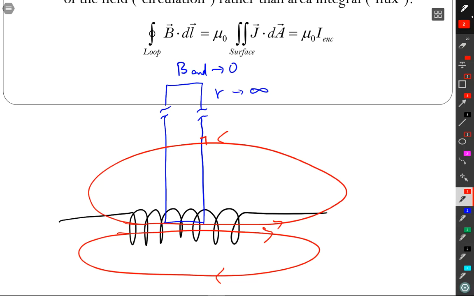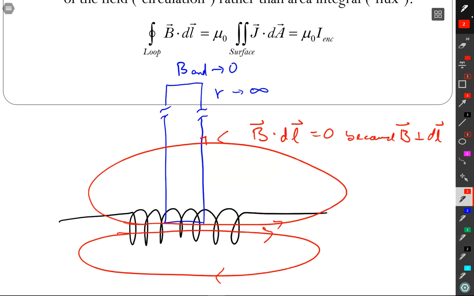So while the magnetic field is not zero there, the B·dl on that surface is zero because B is perpendicular to dl. So the circulation on the vertical sides, both sides of course are the same, is going to be zero. And the circulation for the end is zero because we've gone so far away.